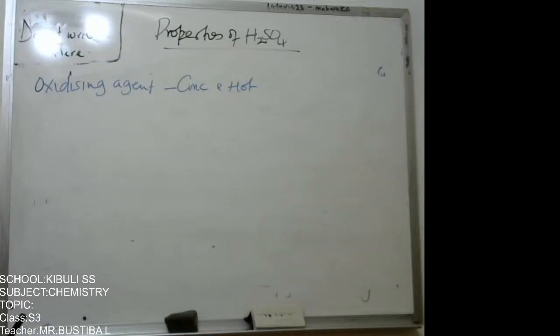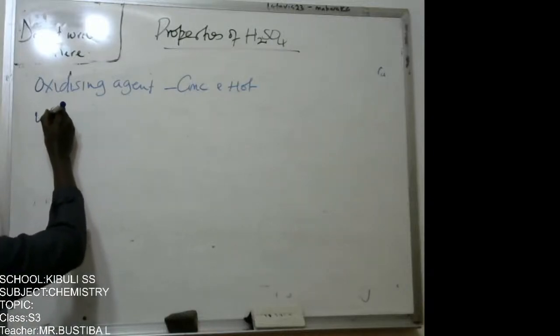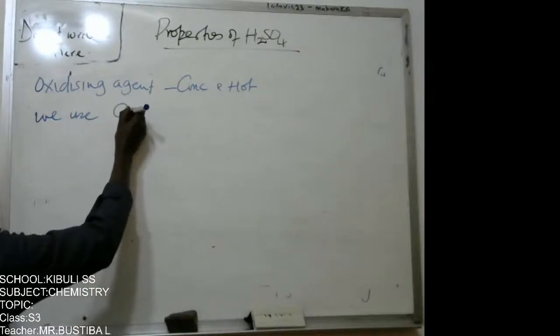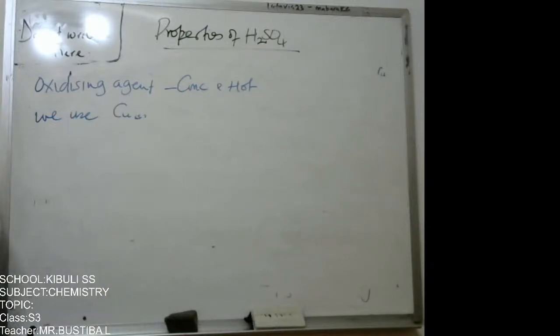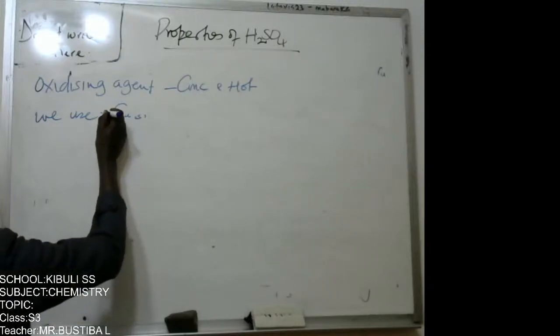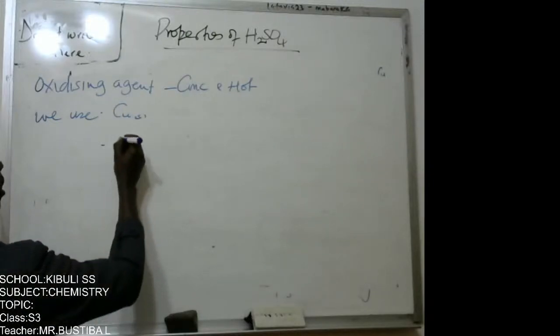We discussed this reaction using copper. This time the acid is concentrated; it doesn't react with cold dilute, but reacts with the hot concentrated. We can go ahead and use it as an oxidizing agent. We can use carbon.